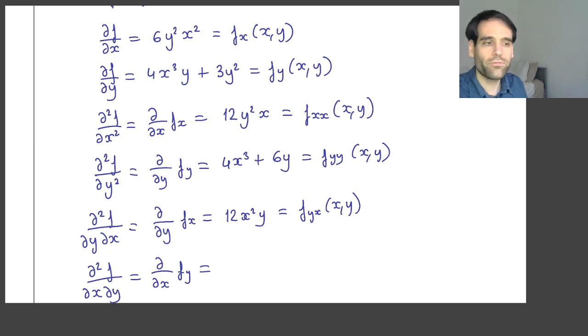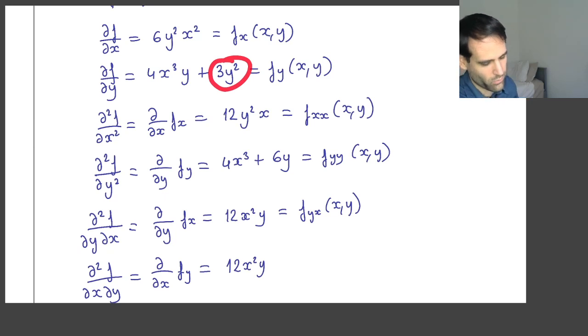So to do the partial with respect to x, we assume that y is constant. So therefore, the derivative of x cubed will just be 3x squared. 3 times 4 is 12, so we get 12x squared times y, which is a constant, and then plus the partial with respect to x of 3y squared. 3y squared is a constant, so the partial is 0, so plus 0. Okay, so we can remove that.